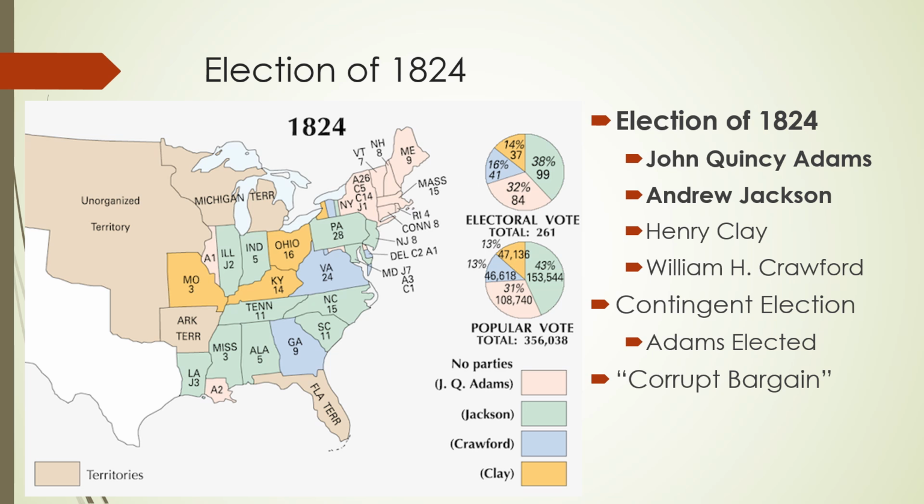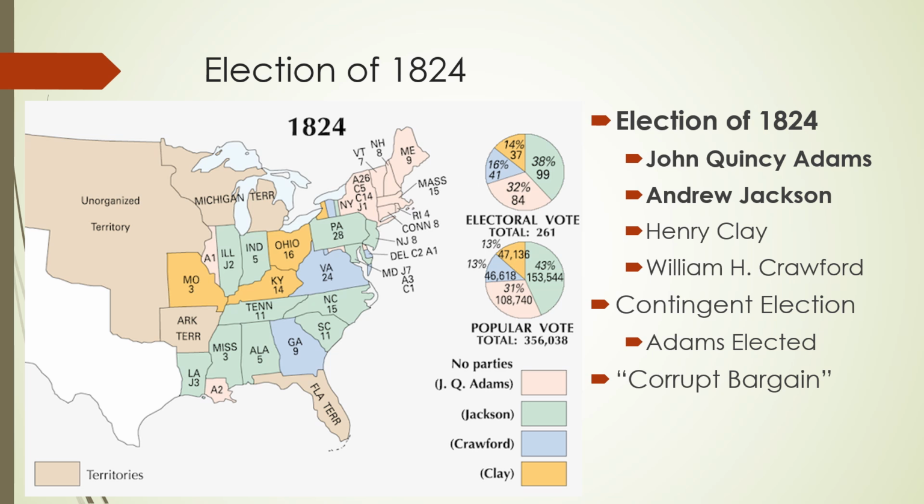But let's look at why this is a problem from our perspective today. When you have two candidates, one is going to get more than the other, so one is going to win and one's going to lose. In this case, however, there are four men getting votes, and so there is no clear winner.